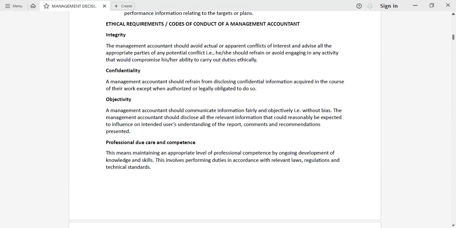An example you can look at, let's say you are a lecturer, and at the same time you also set exams for the students. If you're in that situation, you may find that if students are failing, let's say you are a lecturer or a tuition provider for CPA, and you're also the one setting exams, at the end of the day, you set and mark them.